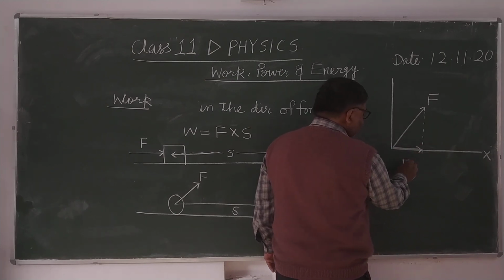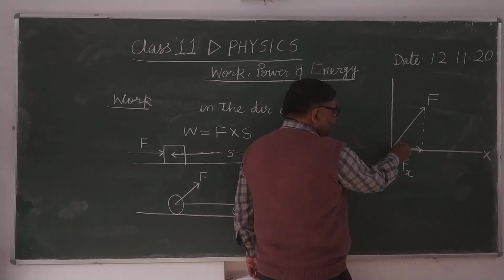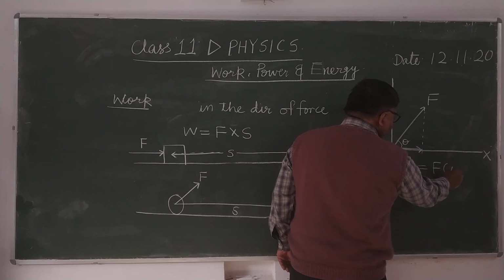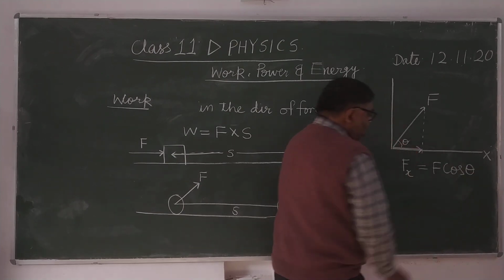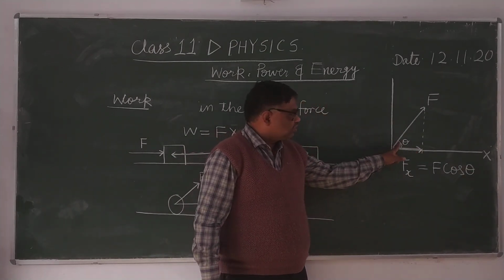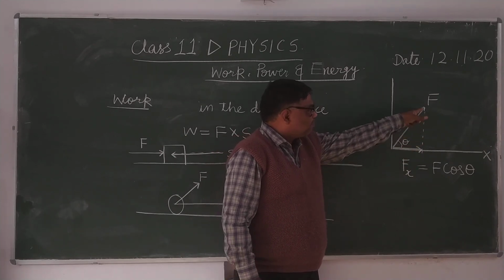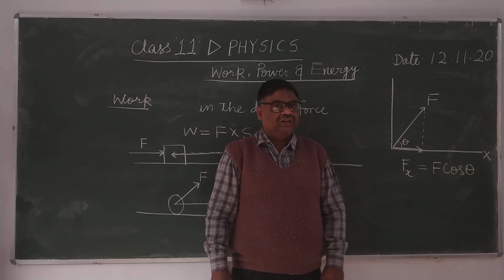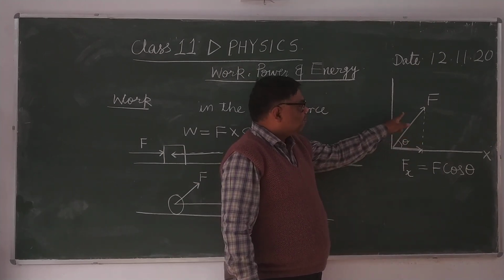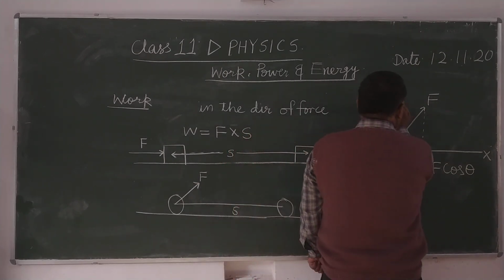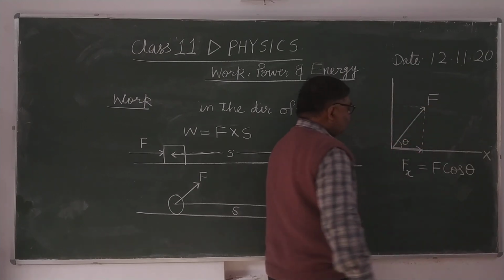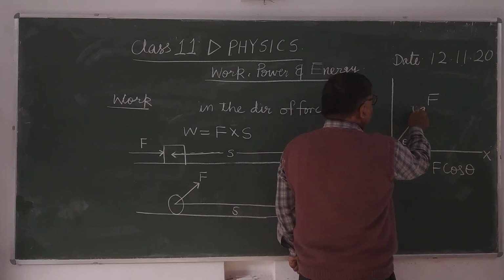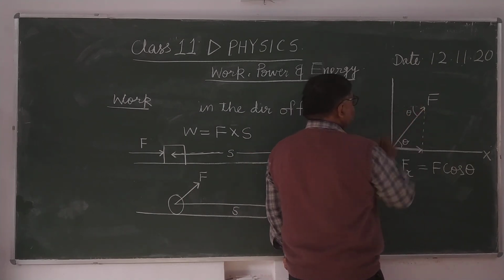This here is Fx. If you take this angle theta, then it will be equal to F cos theta. You know here, cos theta is equal to base upon hypotenuse. So it becomes F cos theta. Similarly, what will be the component of F along the y-axis? This angle is theta, therefore this angle will also be equal to theta.